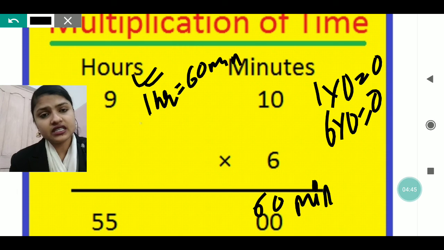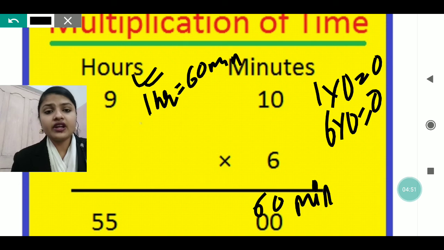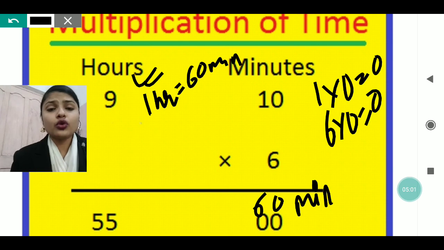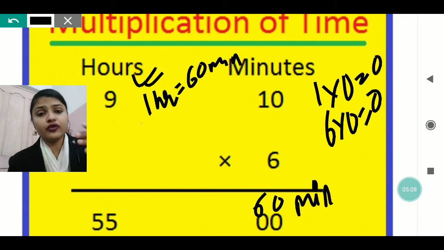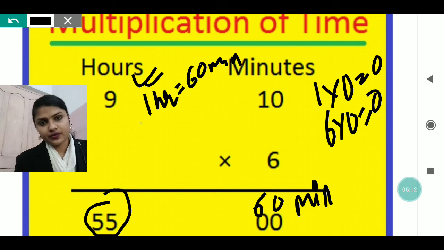After that, 9 table you read 6 times or 6 table 9 times, you will get 54. Now 54 plus 1 hour. Here you are not going to add 60 minutes, because you are converting 60 minutes now to hour. So that 1 hour will be added with this 54, and you will get 55 hours, which is written here, you can see.